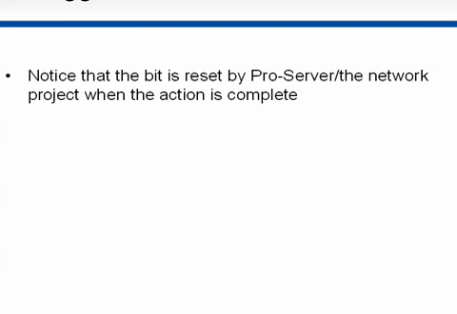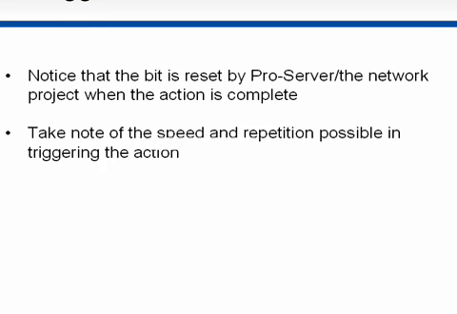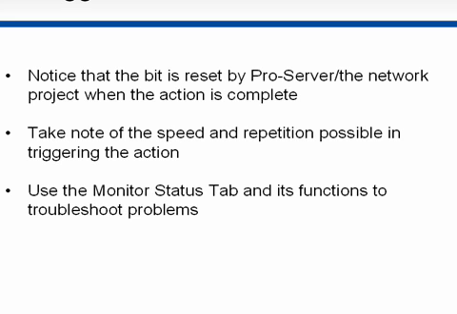Notice that the bit is reset by the Pro Server network project when the action is complete, because we checked the appropriate box. Also note the speed and repetition that you can achieve. There are timing aspects to this, and there are handshaking bits that define a sequence of events. You'll also find it very useful to use the Monitor Status tab to troubleshoot problems.